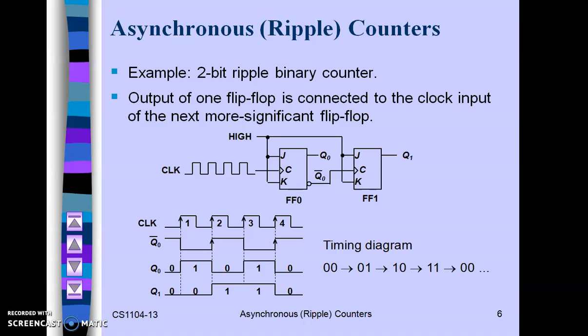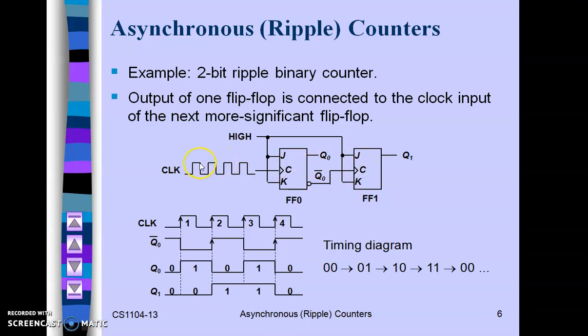First of all, we'll see the first example of an asynchronous ripple counter, that is a 2-bit ripple binary counter. Here the output of one flip-flop is connected to the clock input of the next more significant flip-flop. This diagram shows the clock is connected to the first flip-flop, but the clock of the second flip-flop is taken from the previous flip-flop output.